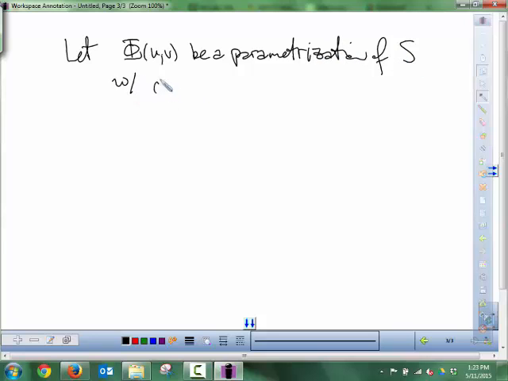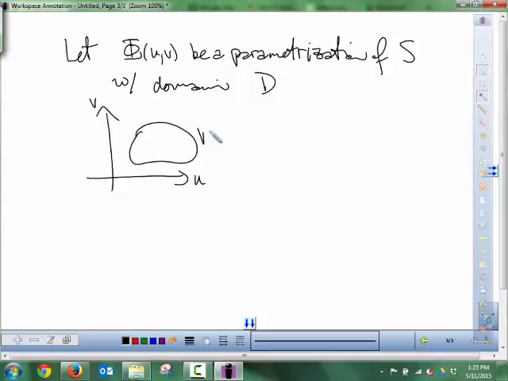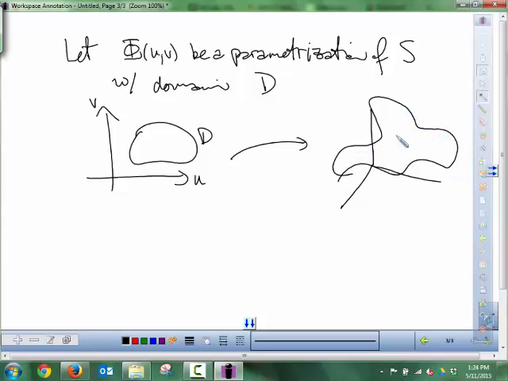So let's say we have another parameterization that's not a regular standard parameterization, where we have the u and the v and some domain D in here that gets mapped into some surface in 3 dimensions.